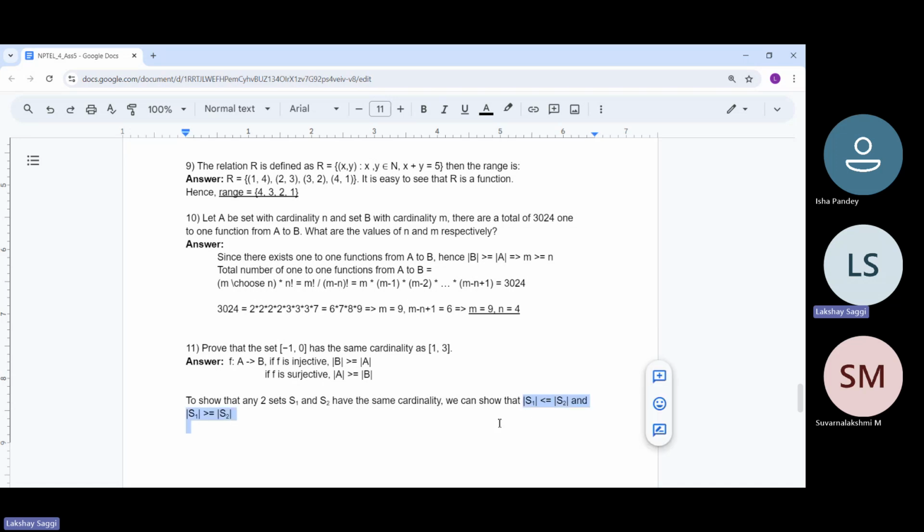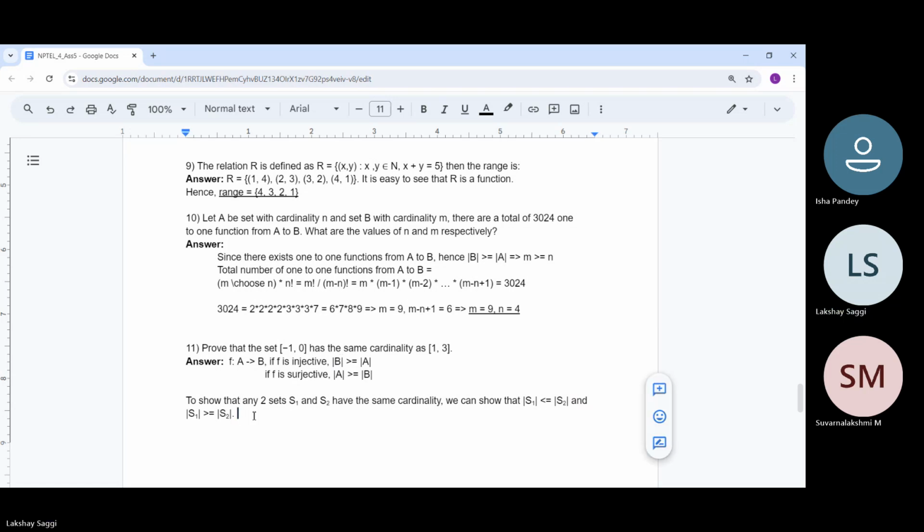If these two statements hold together, then we can say that these two sets have the same cardinality, right? And to show that cardinality of S1 is less than or equal to S2, what we can show is there exists an injective function from S1 to S2.